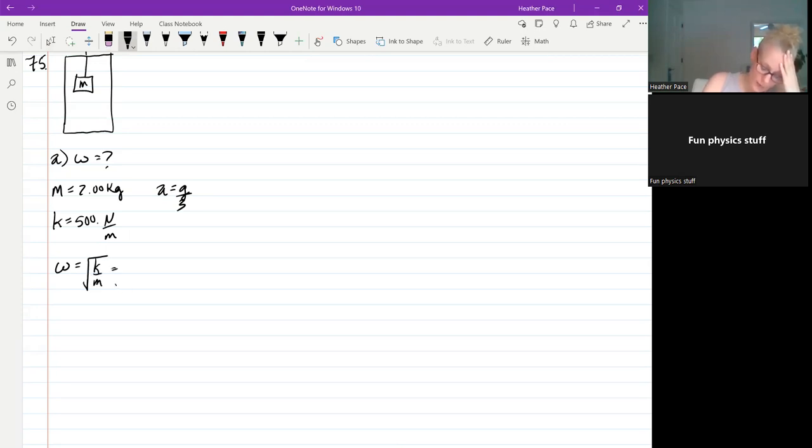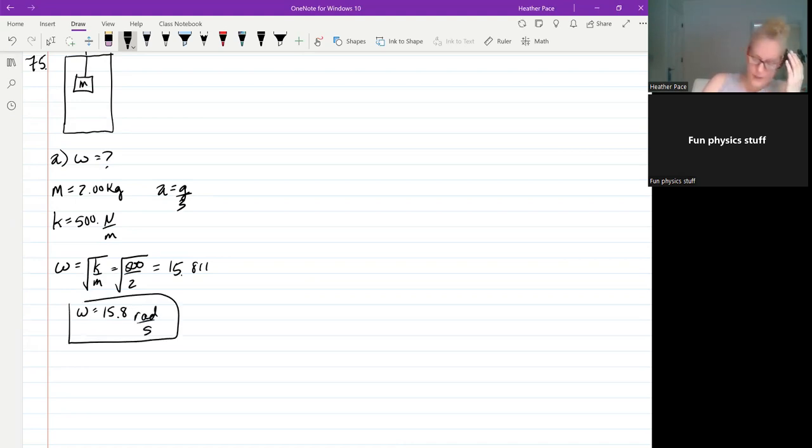And we're given both of these. And so we end up with 15.8114 radians per second. All right, so that part was simple enough.